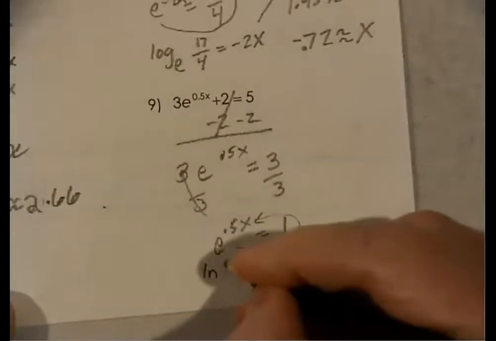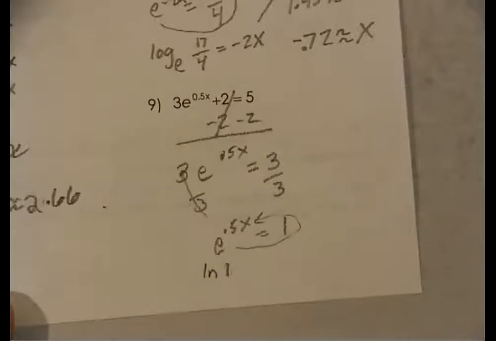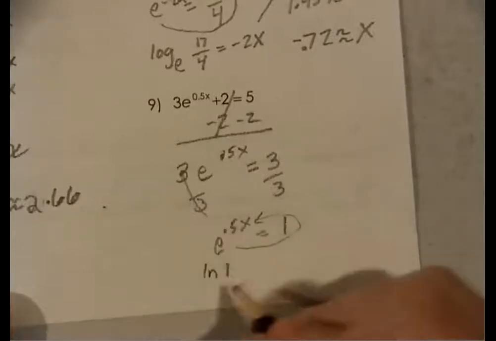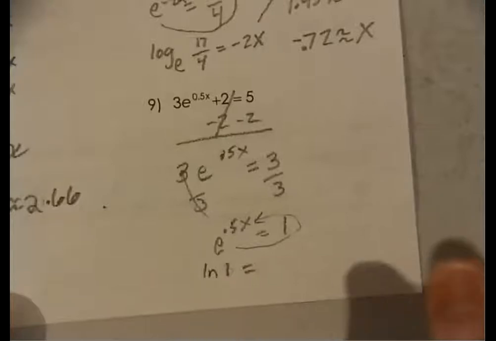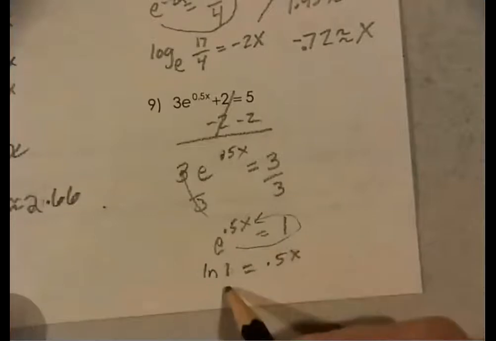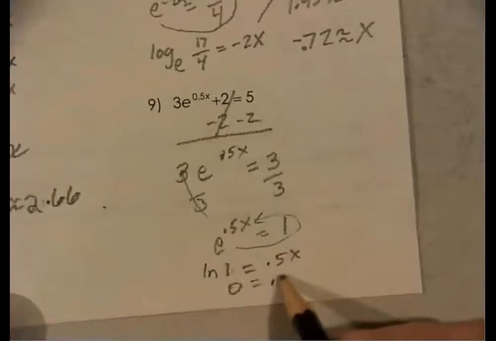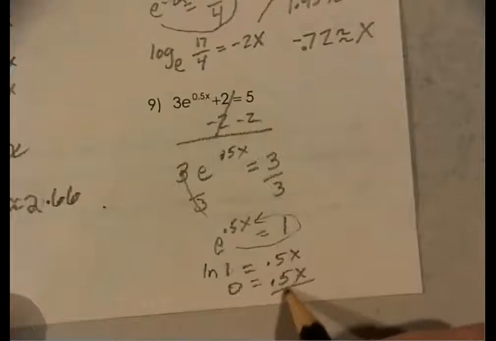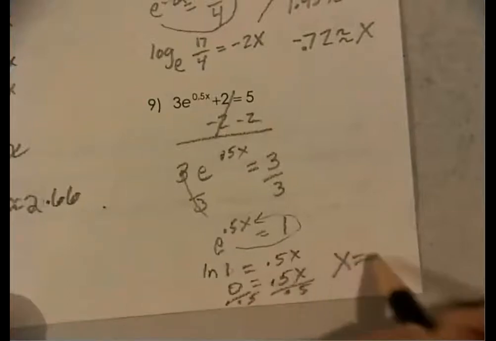And e to what power equals 1? That's what it's asking us. Natural log of 1 is saying e to what power equals 1. So that's going to be 0. And when you divide by 0.5, you're still going to get 0.